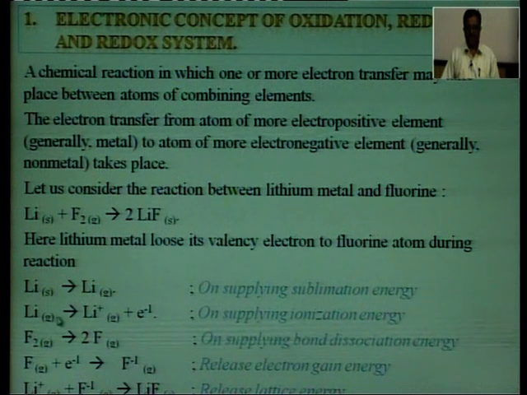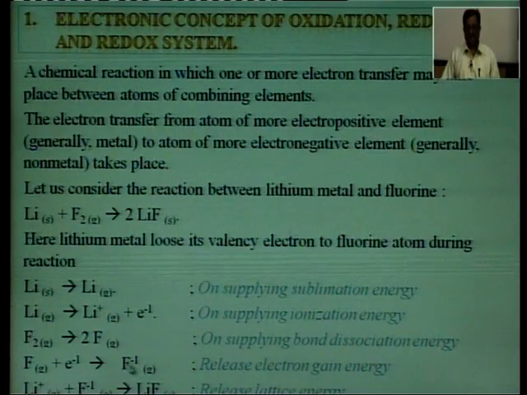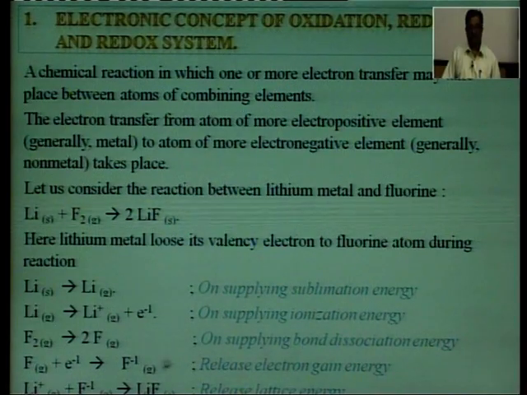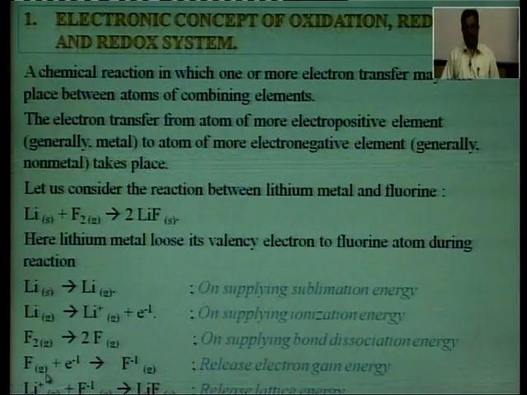So, this is one atom losing an electron, whereas the other atom is gaining it, and therefore, this is an example of a redox reaction. After the loss of the electron by the lithium atom, the same electron is gained by the fluorine and it becomes fluoride. These ions are oppositely charged, they combine and they form lithium fluoride, an ionic compound.